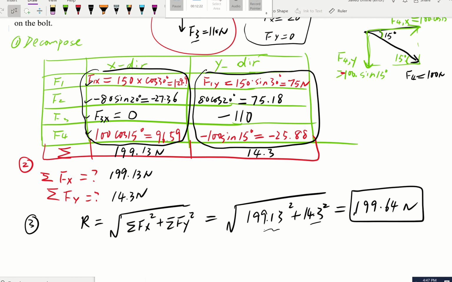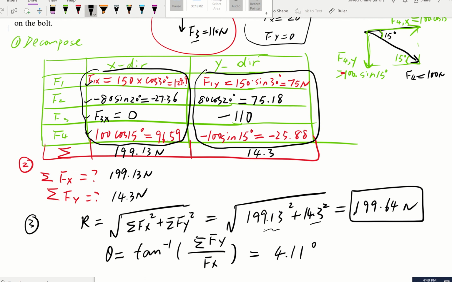Then direction, because it's a vector, we're going to define the direction. Direction is theta. That theta is defined from the x-axis counterclockwise to this force, and we know it's going to be inverse tangent. That's the equation: sum of Fy over sum of Fx. Then the sum of Fy is 14.3 over 199.13, and then take the inverse tangent of that. Then we have a super tiny angle, 4.11 degrees.